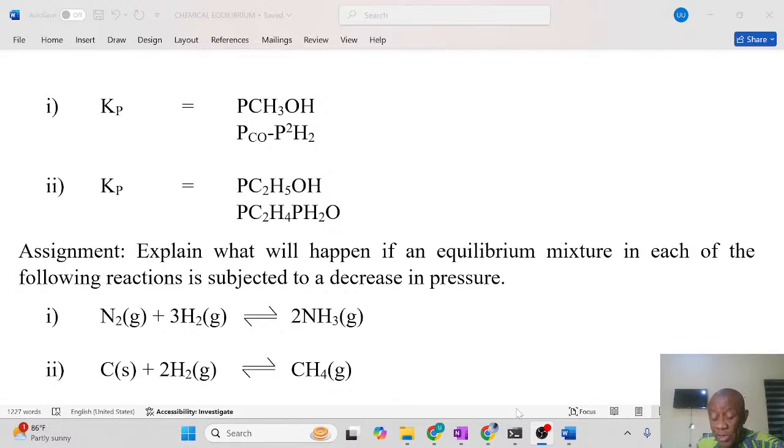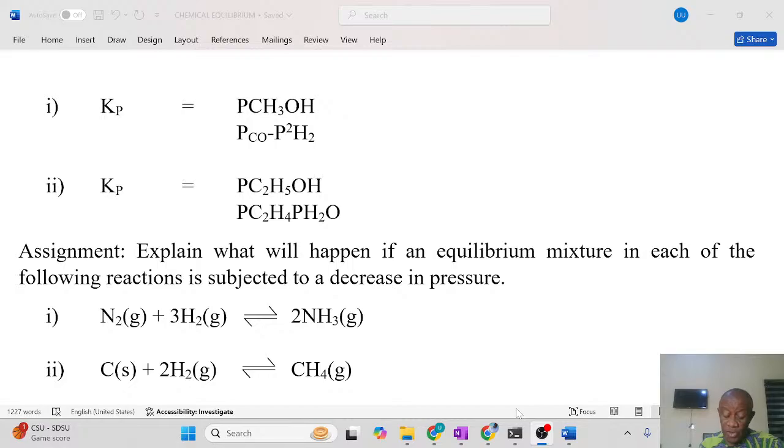In the first one, they are all gaseous, and in the second one, we have a solid and gases. The first has four molecules of reactant to two molecules of product. In the second, we have two molecules of reactant to give one molecule of product.